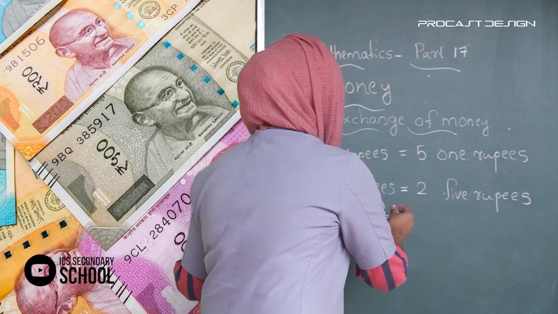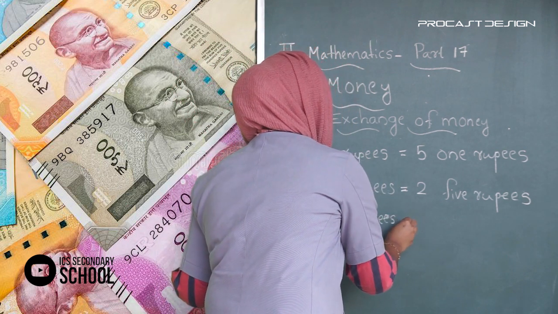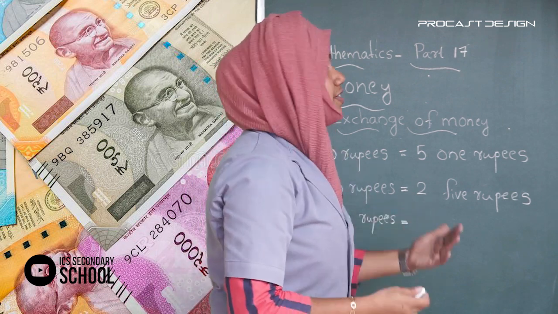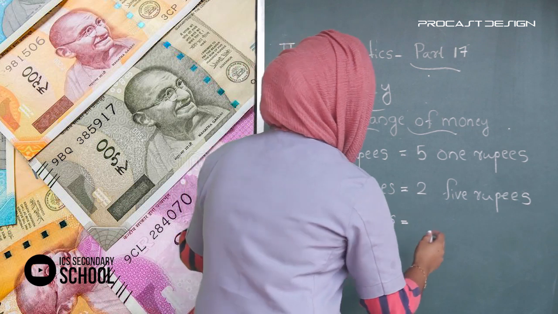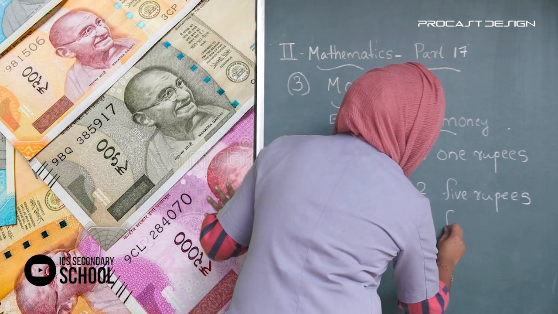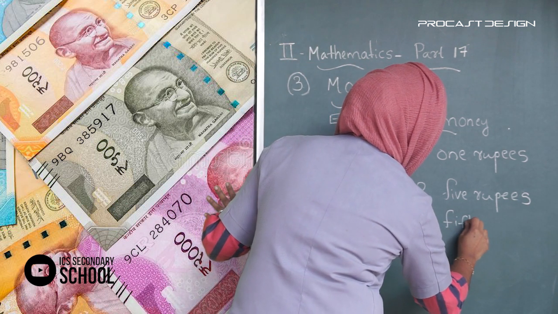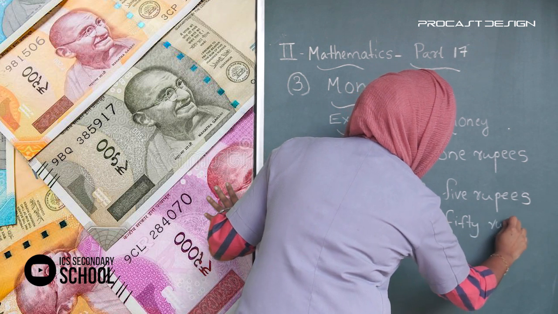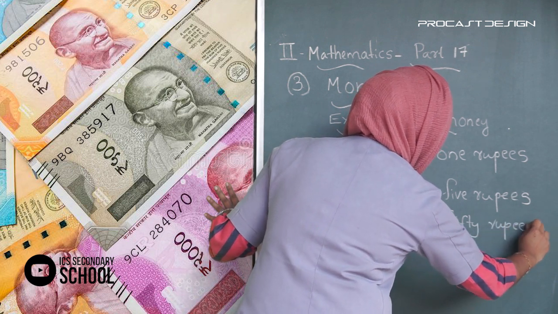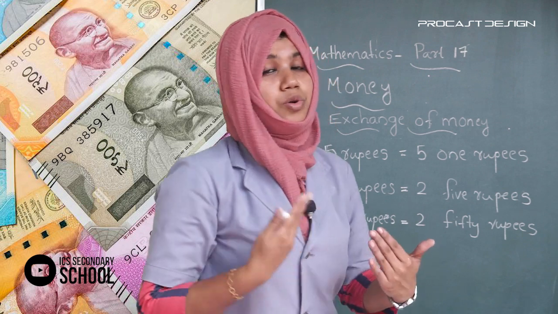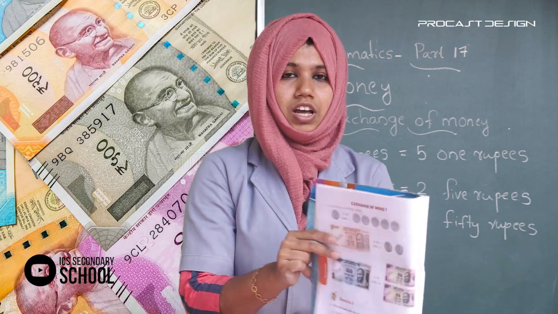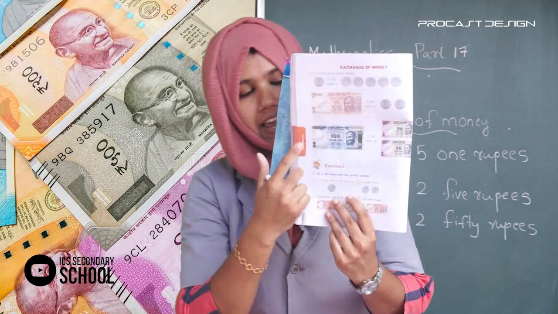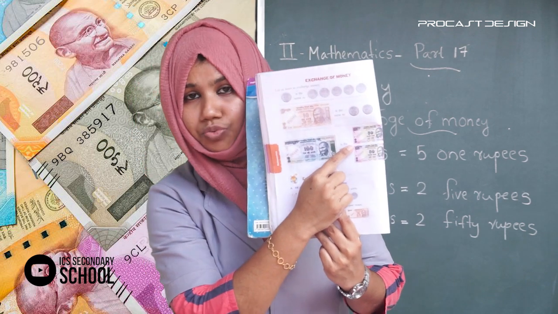Here 100 rupees is the same as 2 50 rupees. You can see this picture.